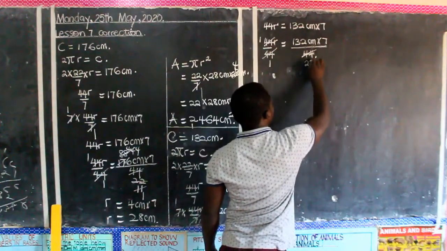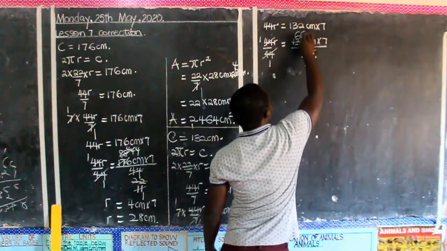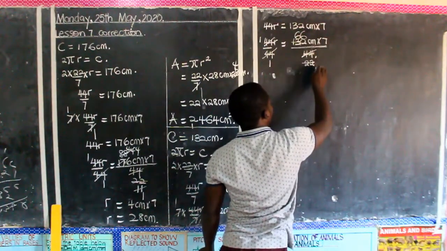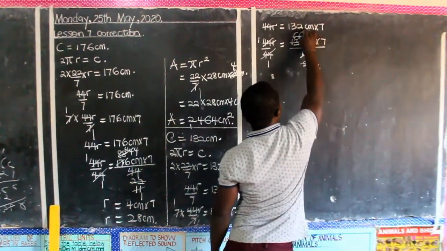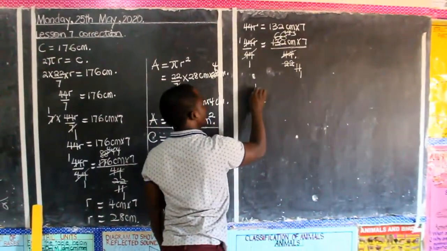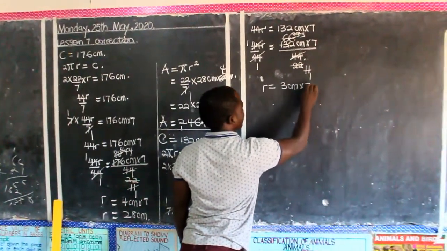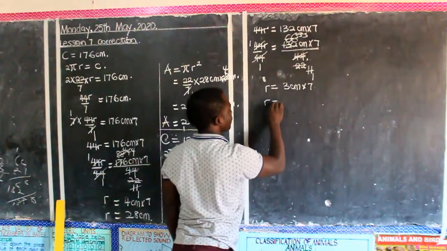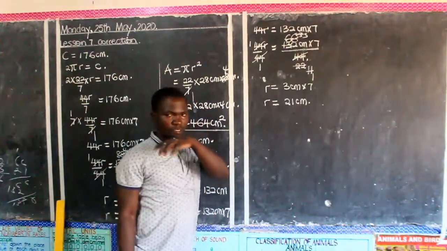By 2 is 22. By 2 is 6, remaining 1 make 12. This is 6 by 2, 11 by 2 here. 33 by 11 once, by 11, 3. So the radius equals 3 centimeters times 7, and the radius equals 21 centimeters.